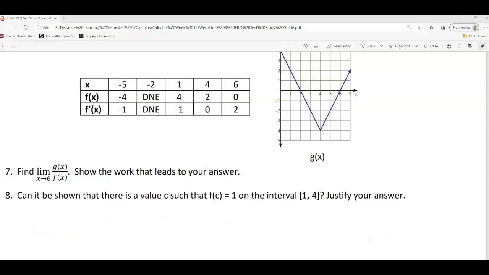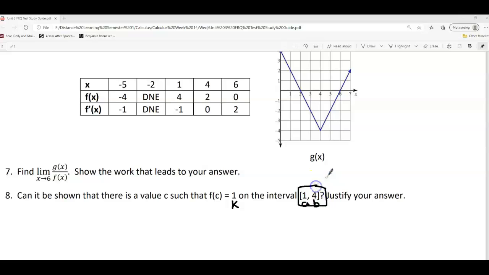All right, can it be shown that there is a value c such that f of c equals 1 on this interval? All right, so this is an IVT question, right? We know we have to start by identifying our a, our b, and our k. The next thing we want to do is make sure that it's continuous on the interval.